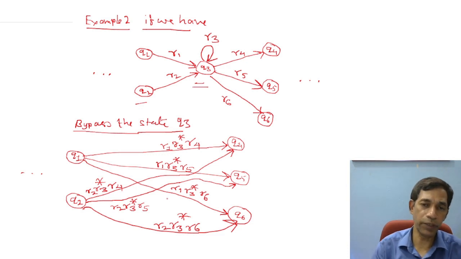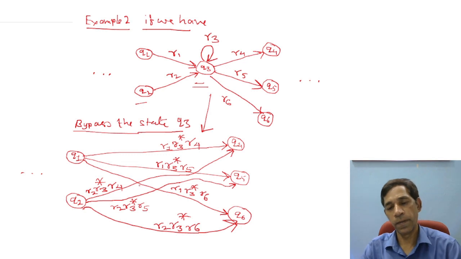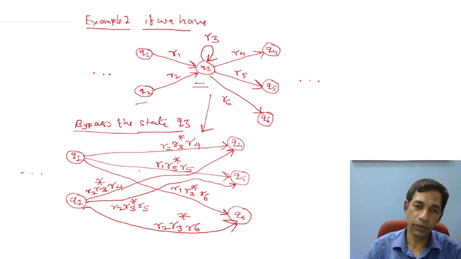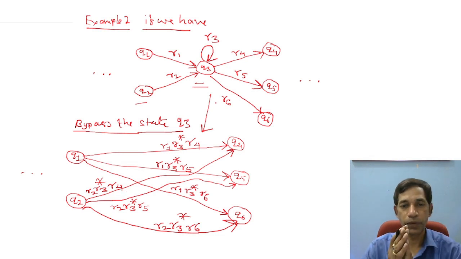So using the process of elimination of the state Q3, you have obtained the resulting transition graph. In this transition graph you don't have the state Q3. This is the way you can remove the states one by one.